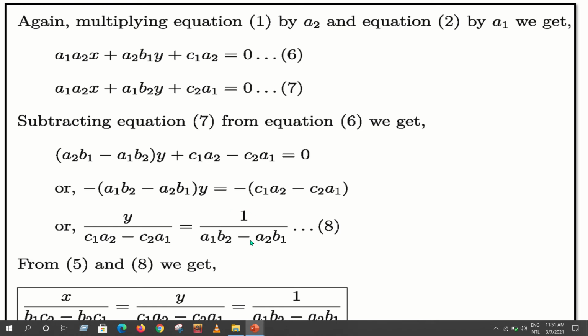So from equation 5 and 8, the right side will be the same. So x divided by b1 c2 minus b2 c1 equal to y divided by c1 a2 minus c2 a1, equal to 1 divided by a1 b2 minus a2 b1.